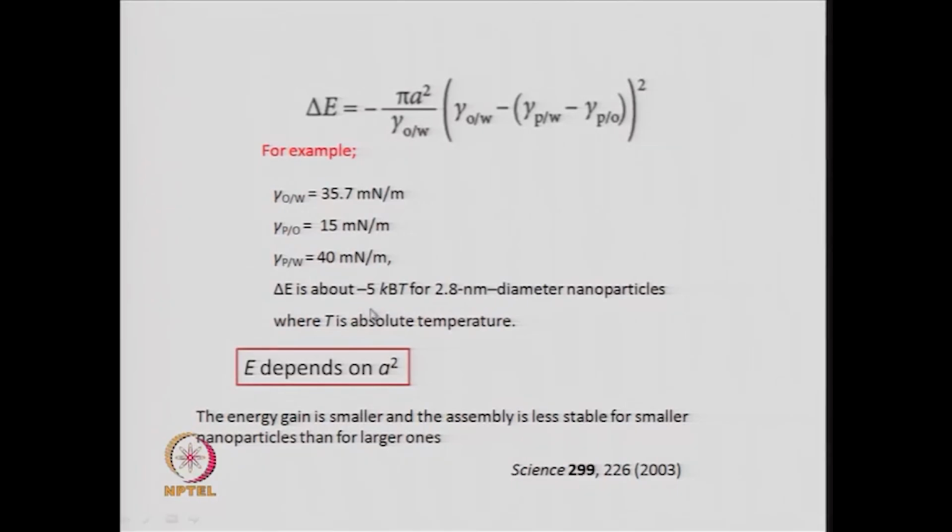So, this kB here is the Boltzmann constant, and so it is about minus 5 kT if the diameter of this particle, here a is of course the radius.